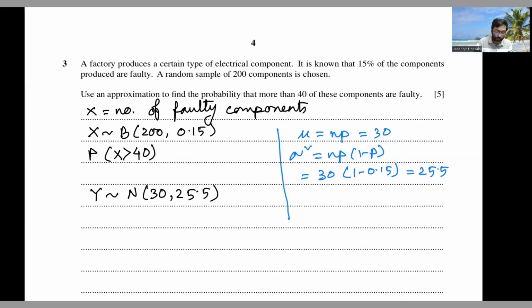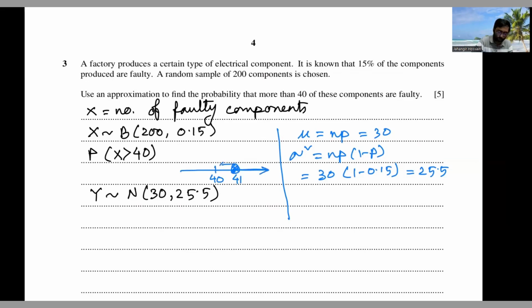Since we are approximating the binomial distribution using the normal distribution, the discrete using the continuous, we need to do the continuity correction. If we place x greater than 40 on a number line, that is x greater than or equal to 41.